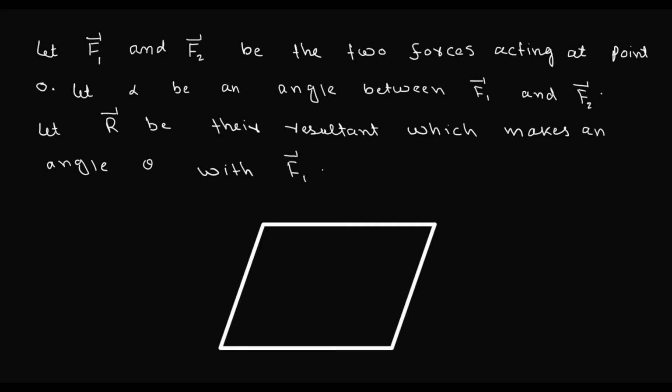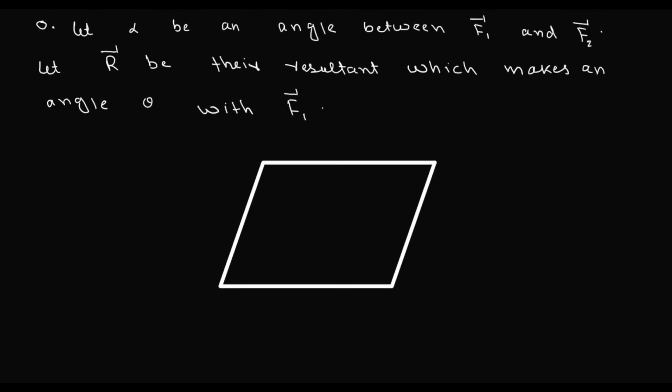We take the force F1 and the second force F2. Here we write F1 and here we write F2, and by the parallelogram law, F2 can also be represented on the other side.